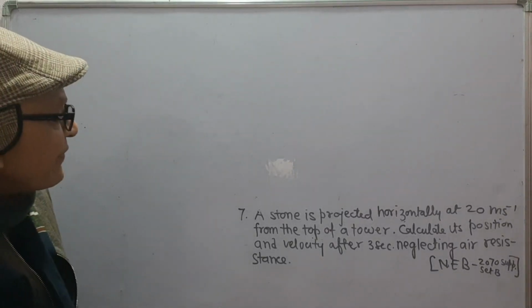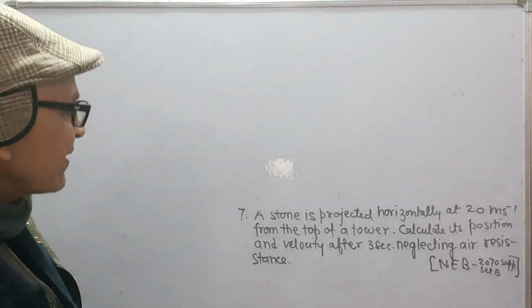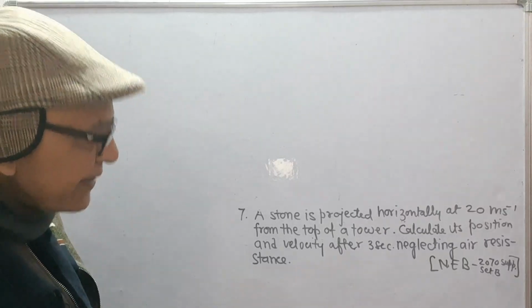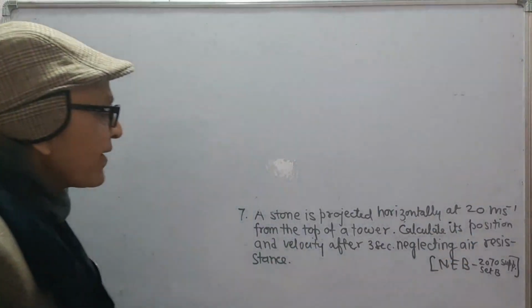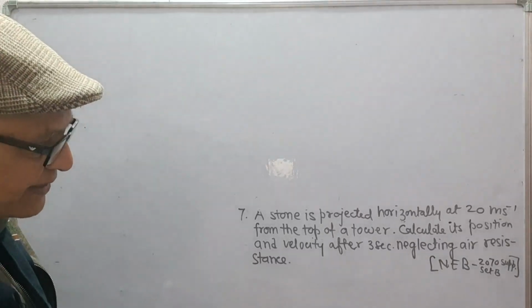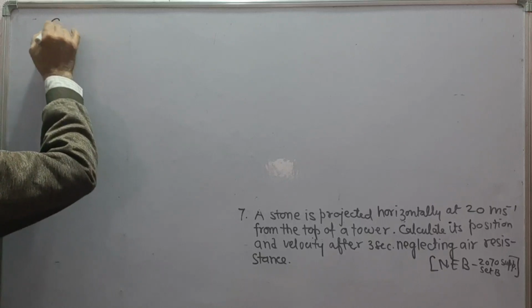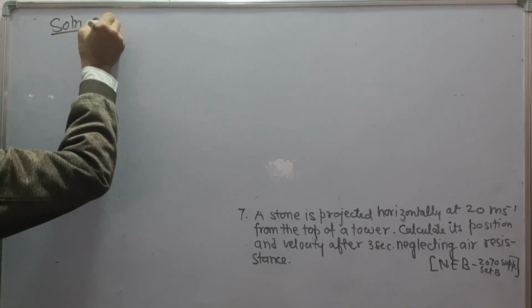Next question number 7. A stone is projected horizontally at 20 meter per second from the top of a tower. Calculate its position and velocity after 3 seconds, neglecting air resistance. So, solution to question 7.